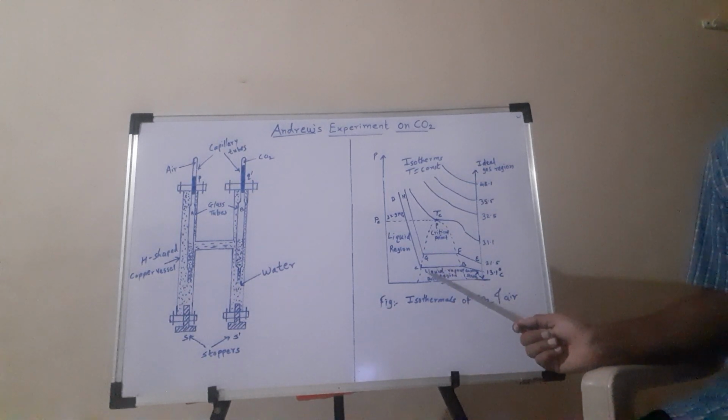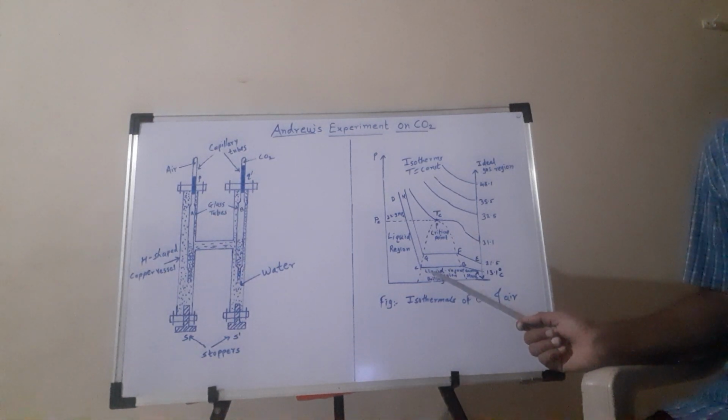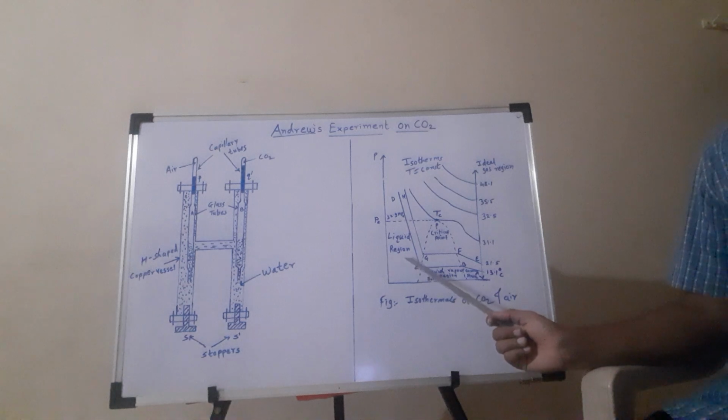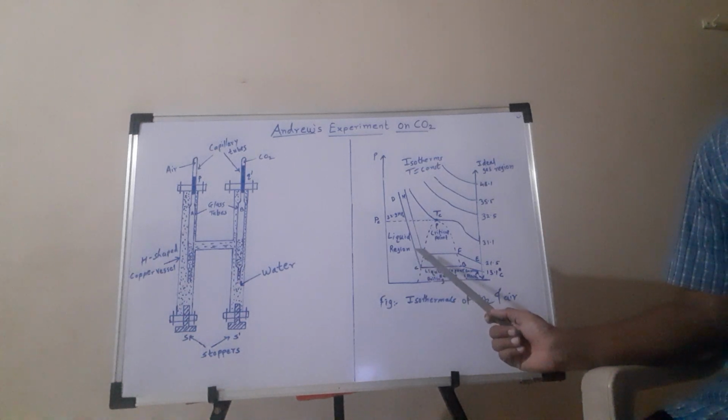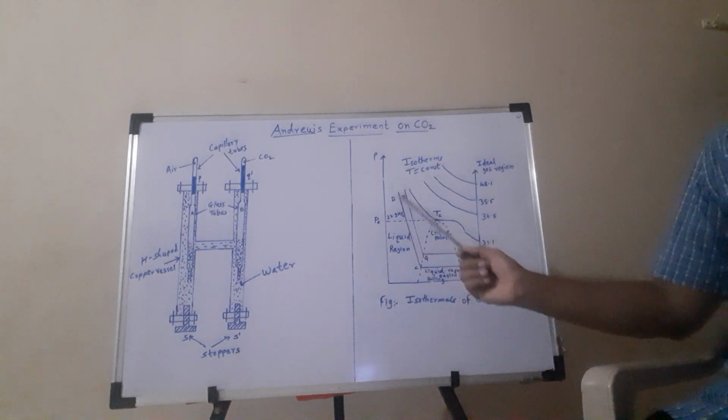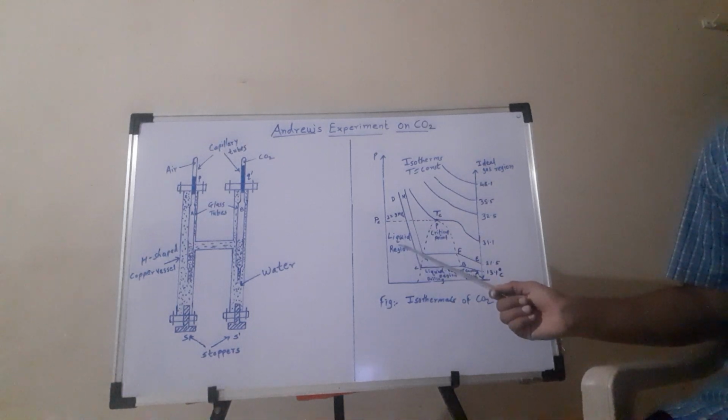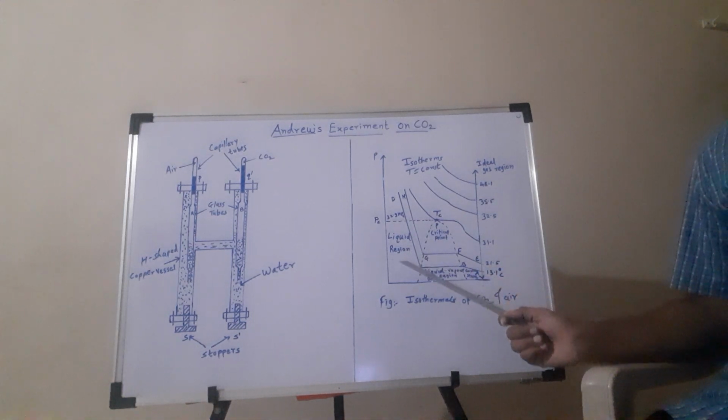The portion BC represents the change of CO2 from gaseous to liquid state. At C, the gas has been liquefied completely. The portion CD represents the liquid state of CO2.